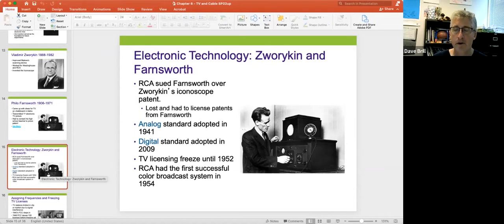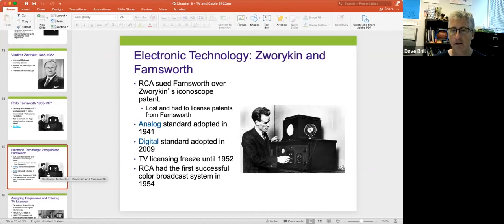Anyway, let's talk about the fact that there was a TV licensing freeze until 1952. The reason is that in the early days, much like radio, which developed pretty quickly and was somewhat haphazard in where a signal would land on the spectrum, the same thing was happening in television.